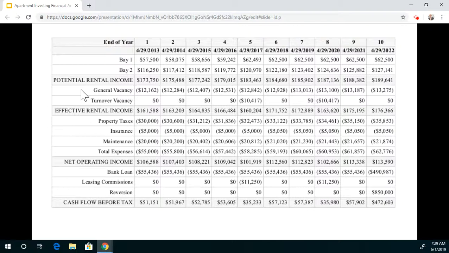Another example. So we have operating expenses. They have everything involved. When you look at administrative expenses, repairs, payroll, utilities, taxes, insurance, there's a lot.